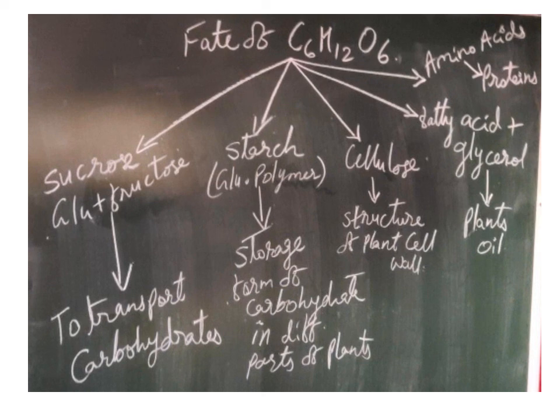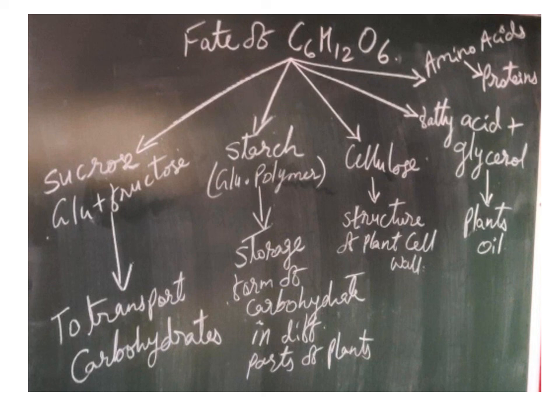Now one can think: where is this sugar, or glucose, used? This glucose which is produced inside the C3 cycle is used in the formation of sucrose.